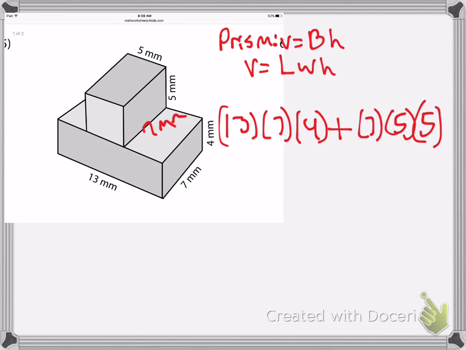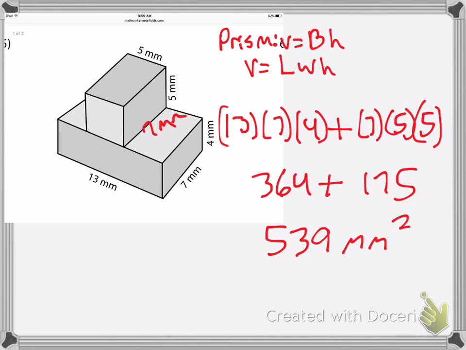And then we get 364 plus 175, which gives me 539 millimeters cubed for my volume.